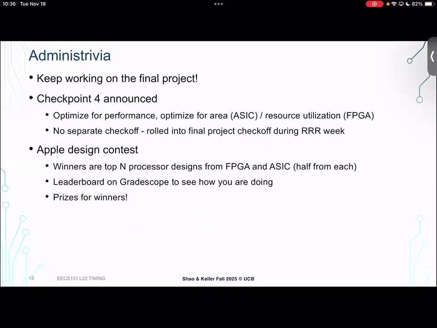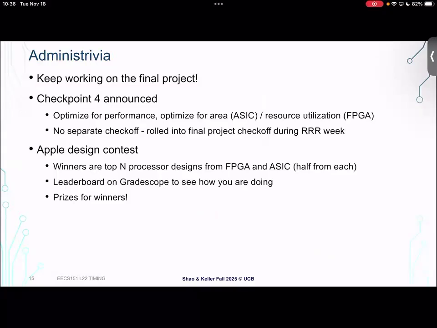So that should give you some guidance if you do decide to participate. Not everyone's going to participate in the design contest, and that's totally fine. This is just if you want to go the extra mile and try to really show that you can optimize your processor through clever microarchitecture or architecture techniques.